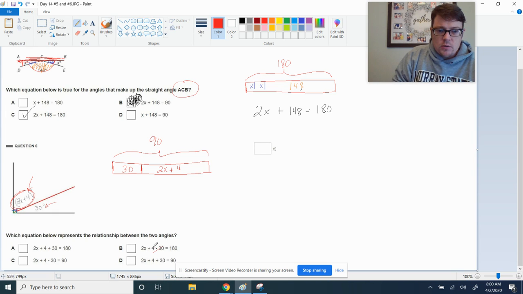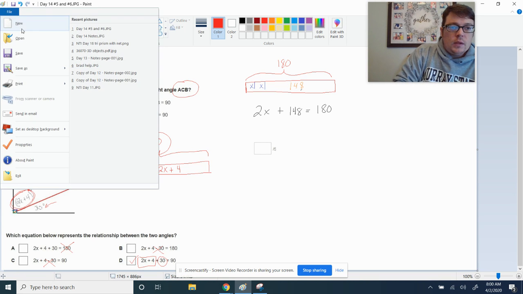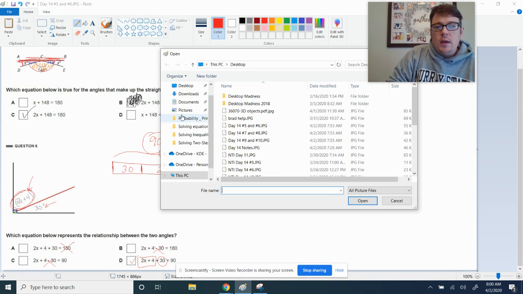So no subtraction. We're not taking things away. And it adds up to 90 as a total, which is why we don't want to choose that one. And it has to be D: 2x plus 4, plus the 30, and all of that adds up to equal 90. That's what we're looking for in this situation. So that's number 6. Let me open up number 7 and number 8, the next two problems.